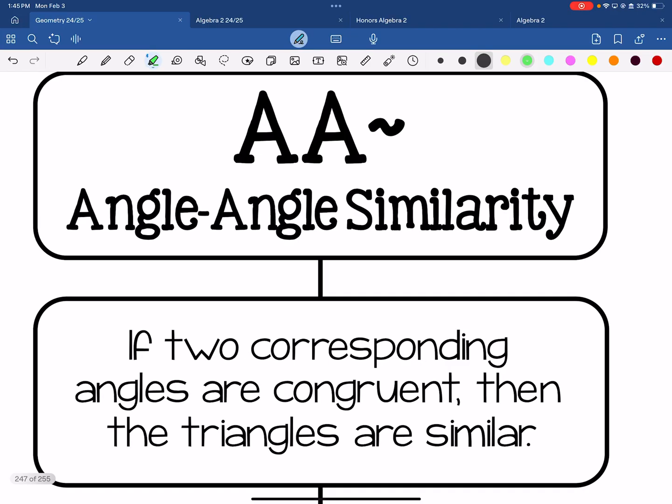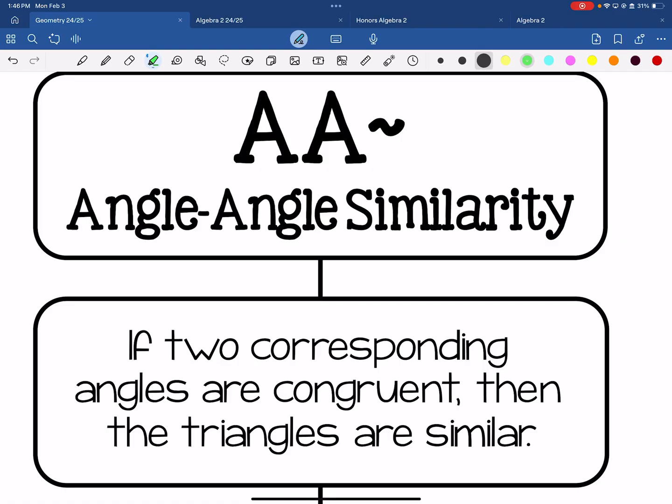Angle-angle is not one you've heard, but you've heard side-side-side, you've heard side-angle-side, maybe angle-angle-angle, and side-side-angle, and all those different things when we talked about congruency. Now we're talking about similarity. And the difference between similarity and congruency is that when we say things are congruent, it means the same size and same shape.